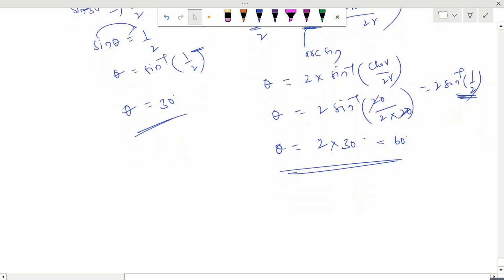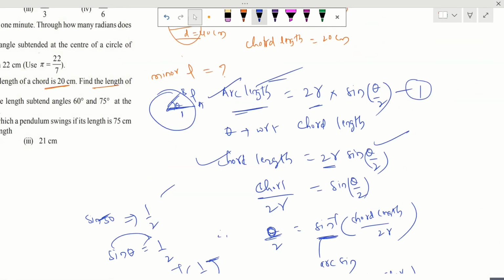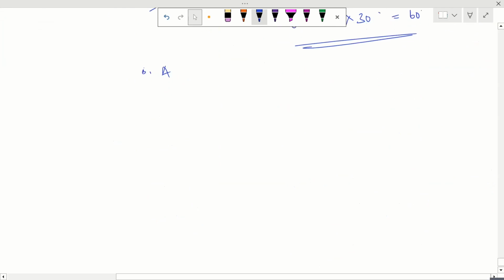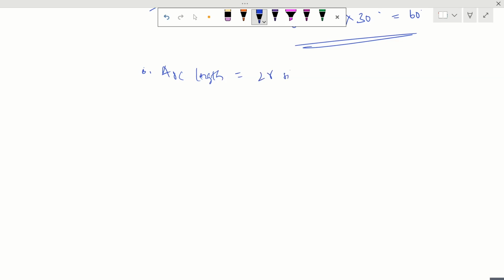Now we have to put theta in this formula. Arc length is equal to 2r sine theta by 2. So here 2r is 20, and sine of theta by 2, where theta is 60, so 60 by 2 is 30. Sine 30 is 1 by 2. So 2 ones are 2, so 20.